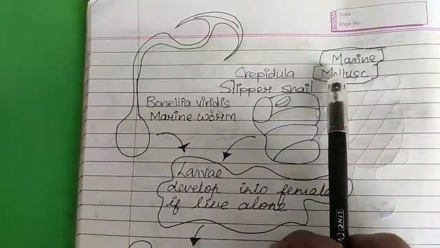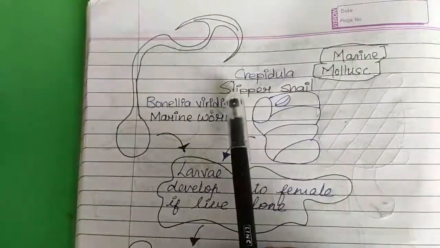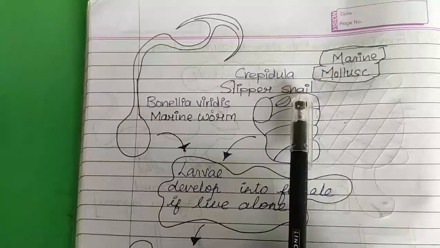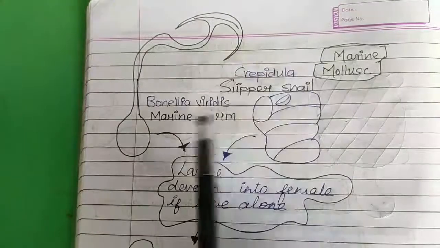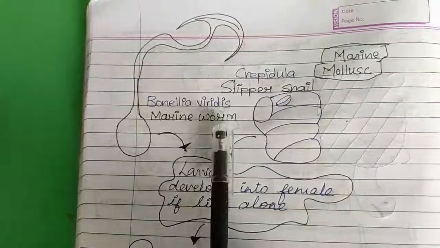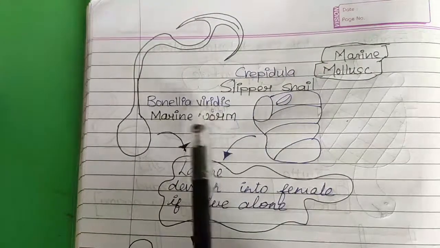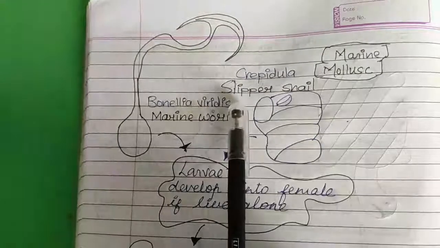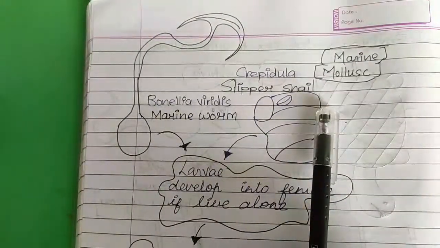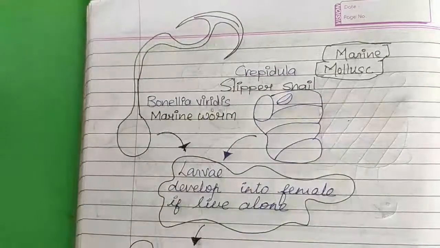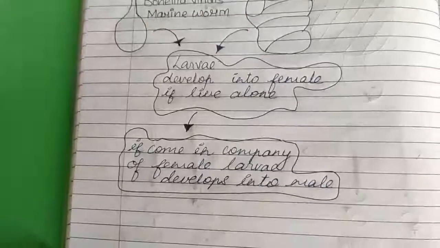Marine mollusk, here we have taken the example of sleeper snail. Scientific name is Crepidula. And the marine worm that we have taken here as an example is Bonellia viridis. In both of them, the sex determination is completely different from what we have discussed so far.